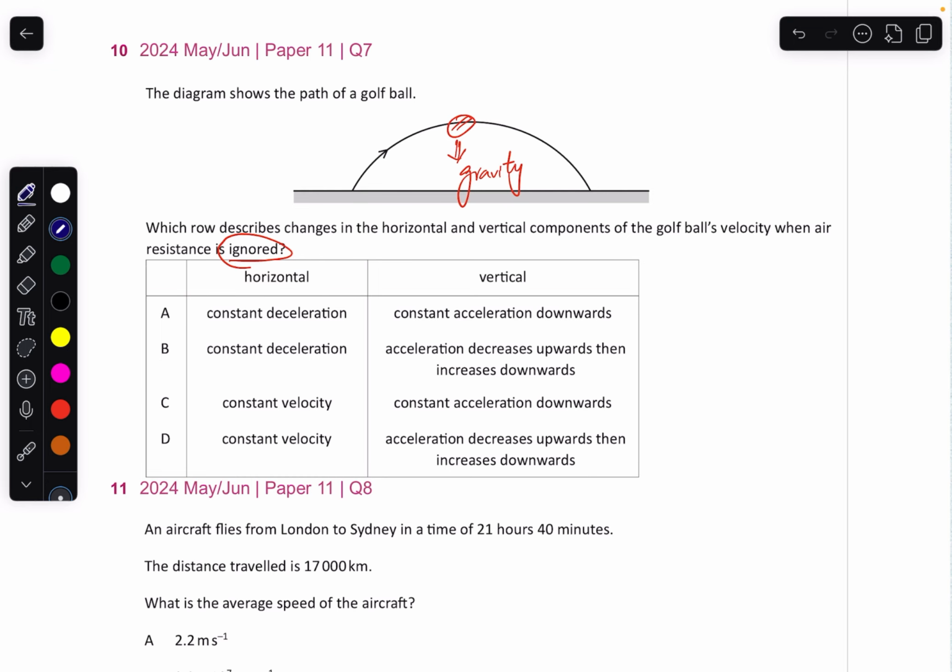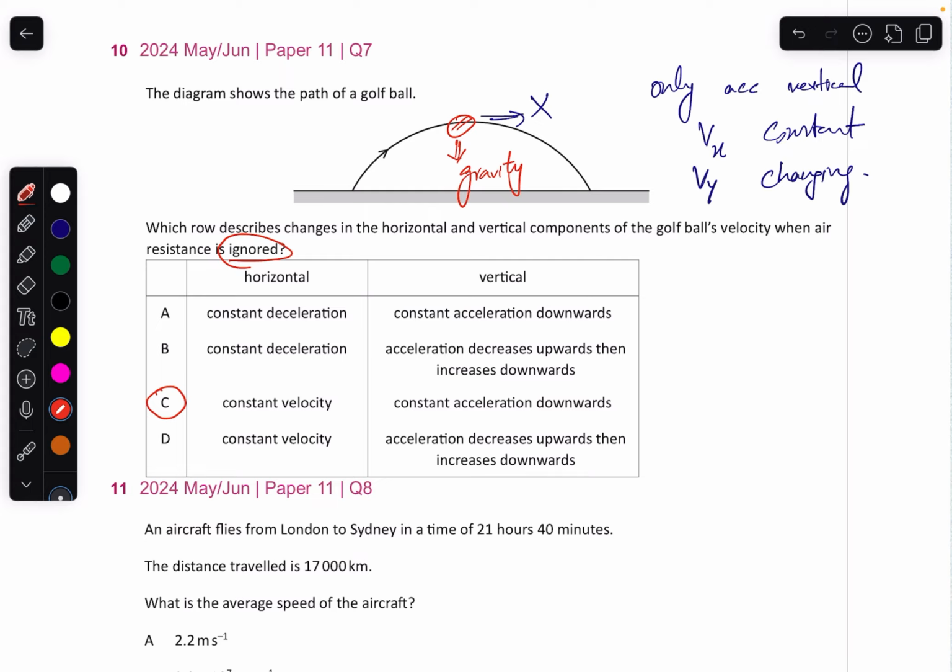There is no force in the horizontal direction, so acceleration is only vertical. As we have discussed earlier, the horizontal component will remain constant throughout and Vy will keep on changing. Keeping this in mind, you can easily pick the answer, that is option C.